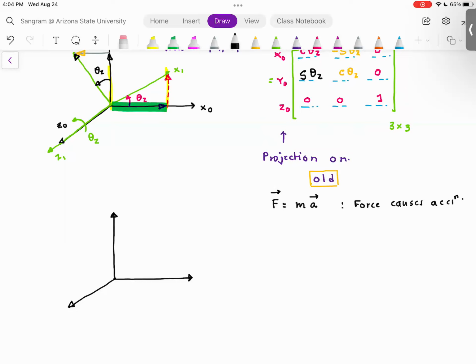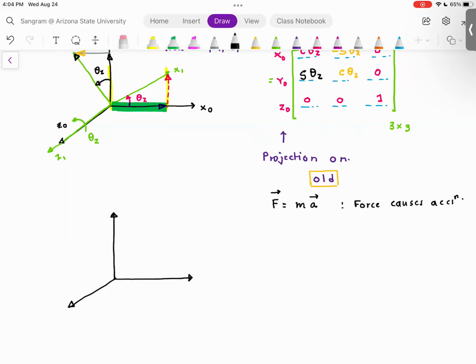Sometimes force is not enough, and what you need is some type of jerk to get things moving. Think about it.